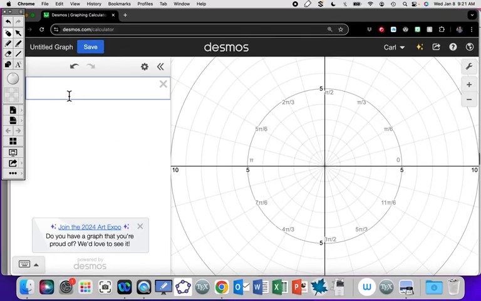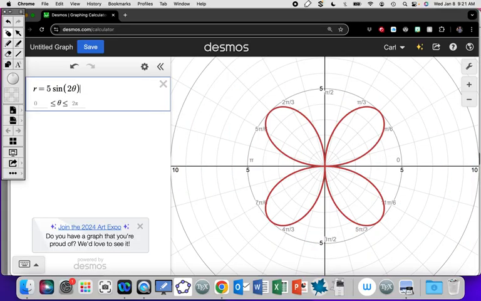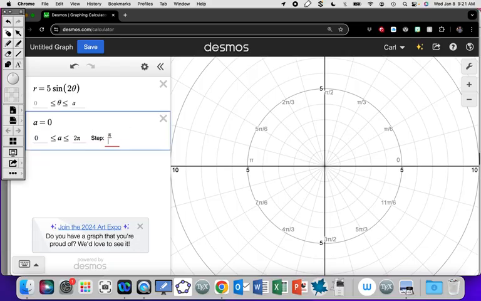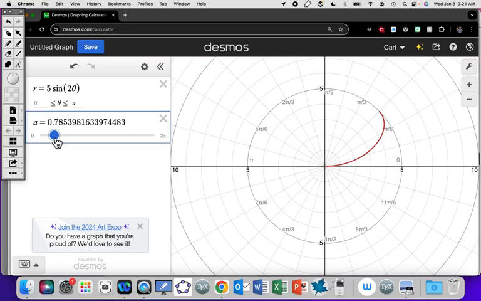So we'll do r equals 5 sine 2 theta, and we'll let theta go from 0 to a, and we'll adjust our slider from 0 to 2 pi with a step of pi over 4, because that was the step we had with our quarter marks. Between 0 and pi over 4, there's our first arc. The second arc came back to the origin.